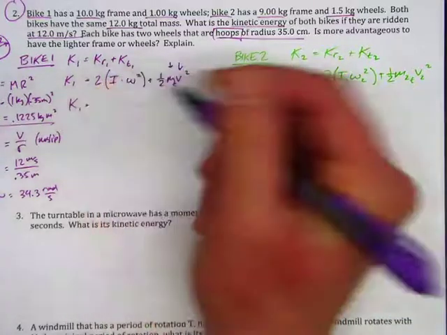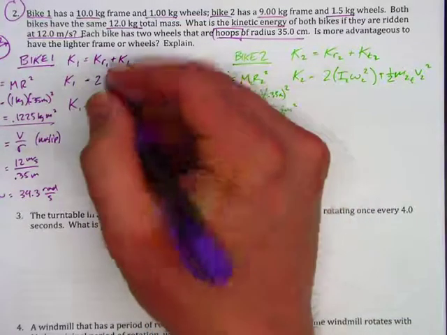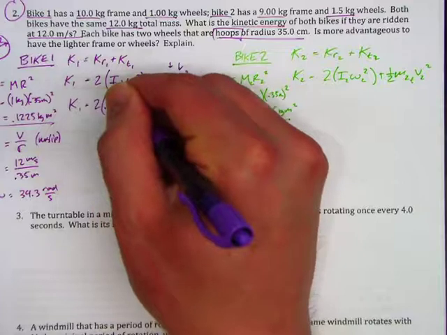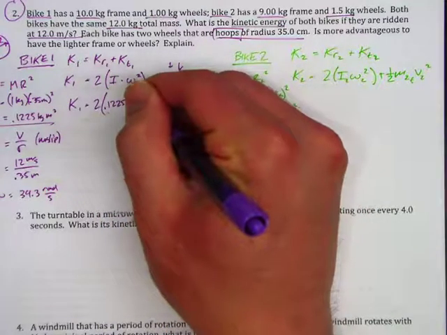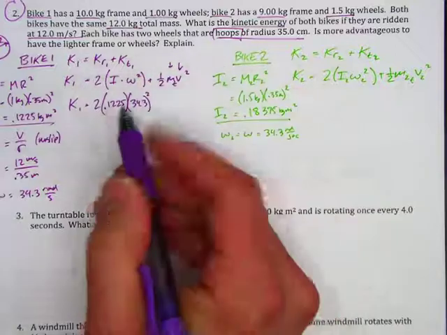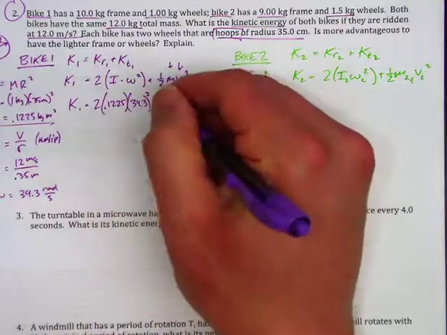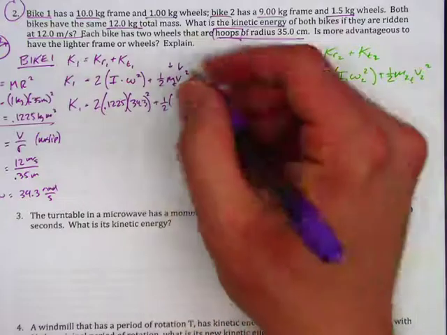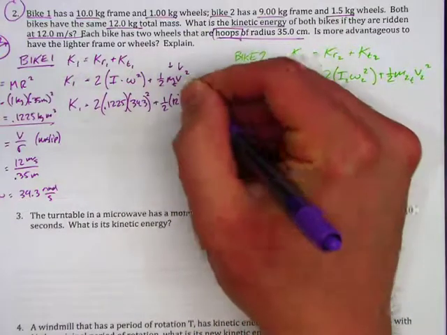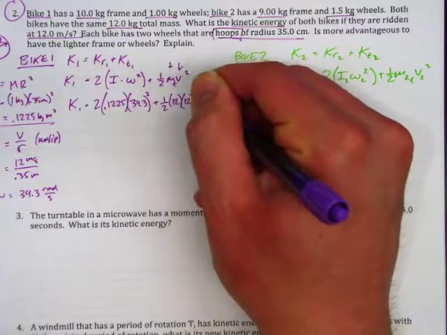So 2, I'm going to cheat a little and not put in the units just for the sake of fitting this all on here. 2 times I times omega squared plus 1/2 times the total mass, which is 12 kilograms, times 12 meters per second squared.